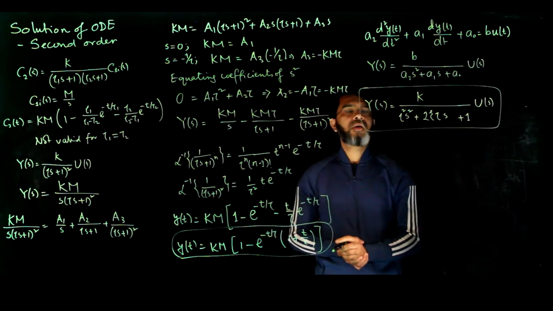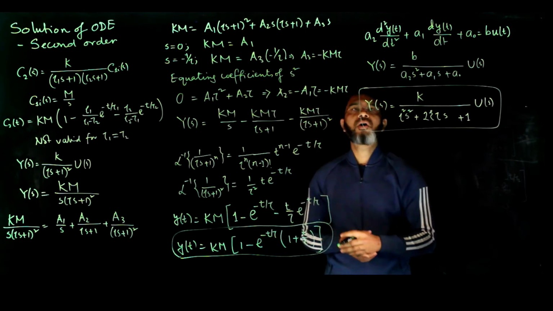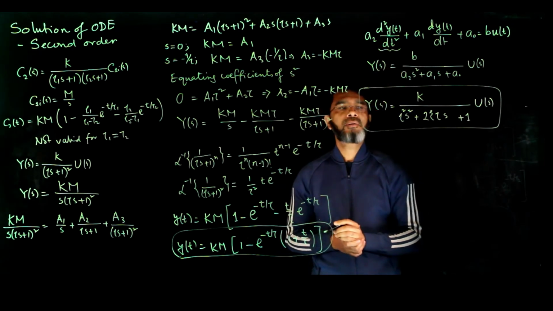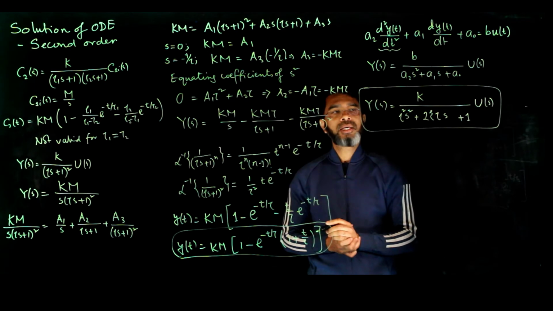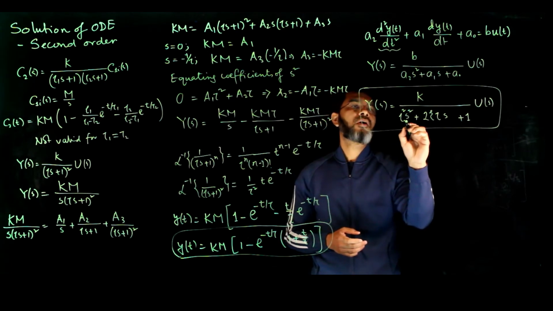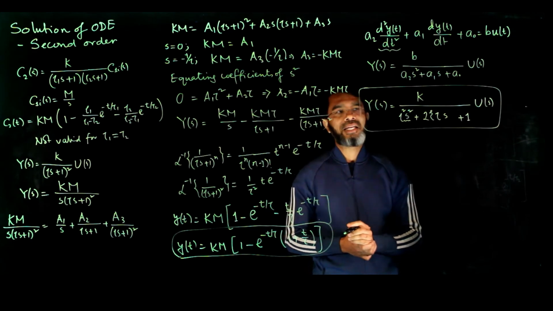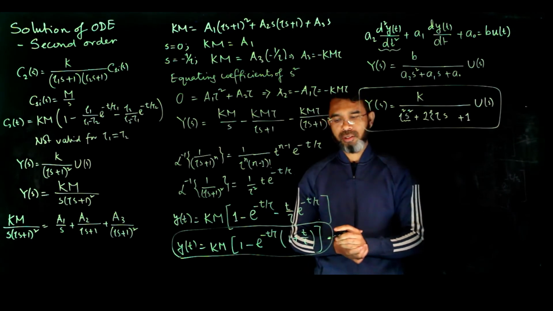Now, for a differential equation, the order is nothing but the highest order of the derivative term. The same in the Laplace domain: the order of a transfer function is the highest order in the denominator of the transfer function model.